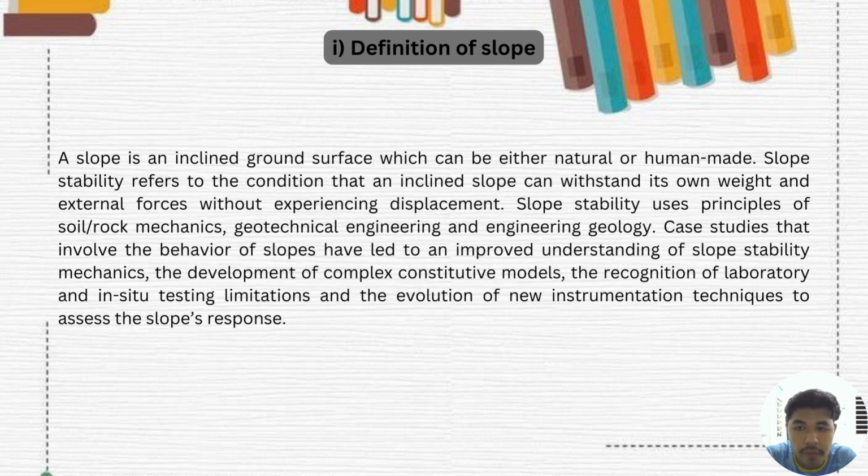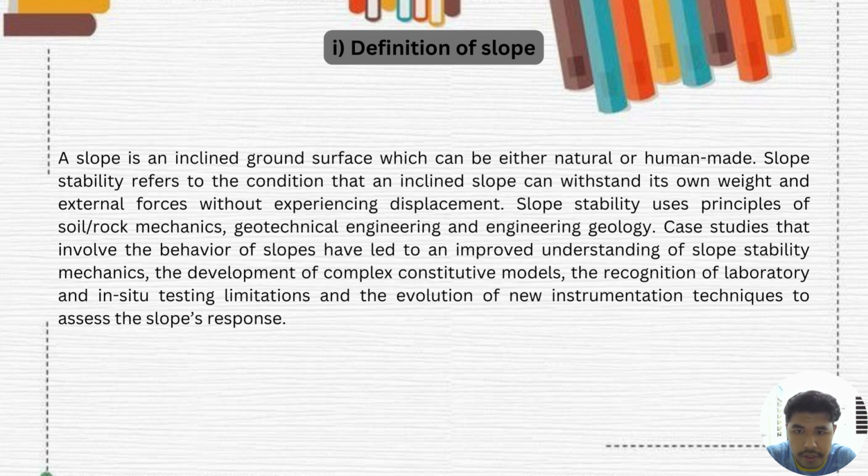Definition of slope. The slope is an inclined ground surface which can be either natural or human-made. Stability refers to the condition that an inclined slope can withstand its own weight and external force without experiencing displacement. Slope stability uses principles of soil mechanics, geotechnical engineering, and engineering geology.